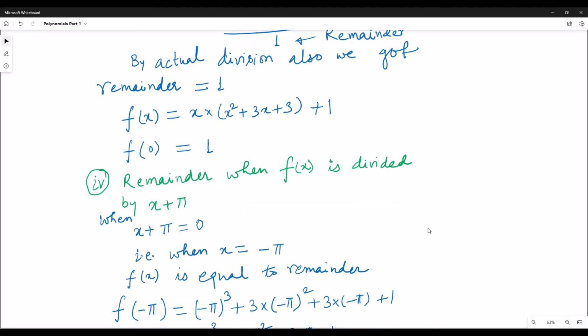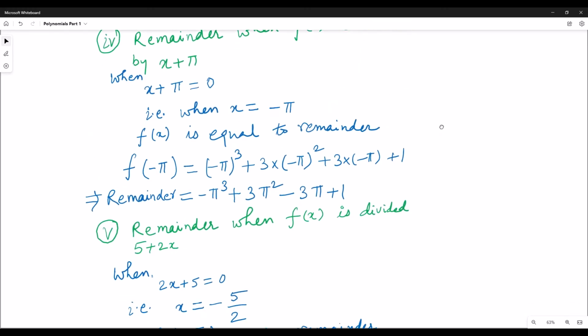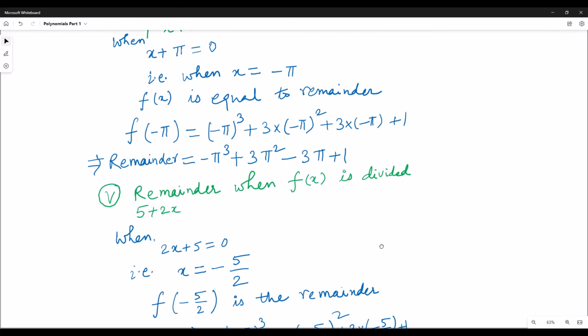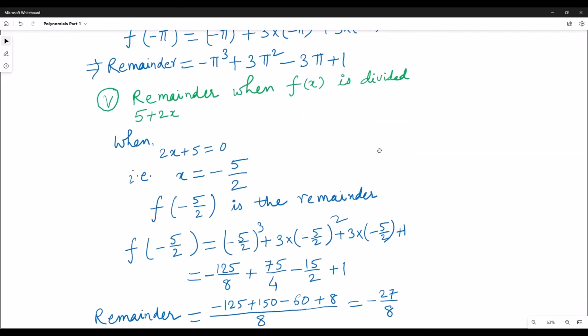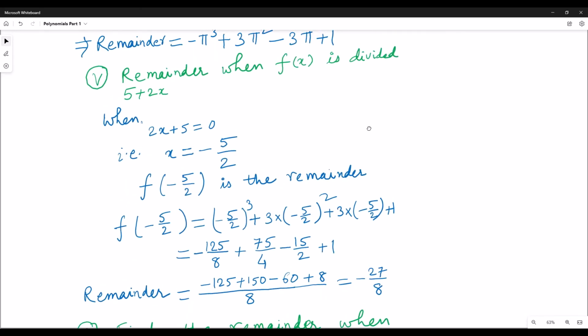Remainder when f(x) is divided by x plus pi: in the same way, here a is minus pi. Remainder when f(x) is divided by 5 plus 2x, right? So we will take 2 as common.